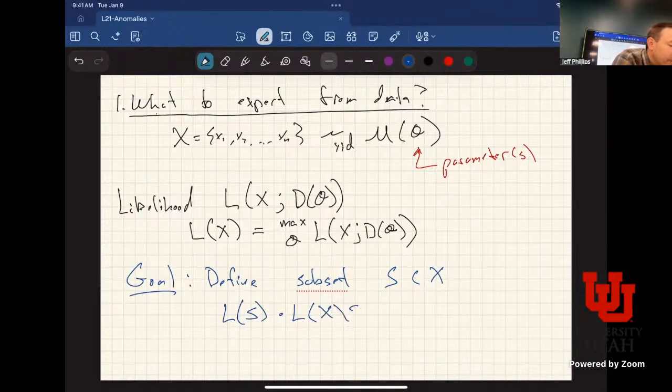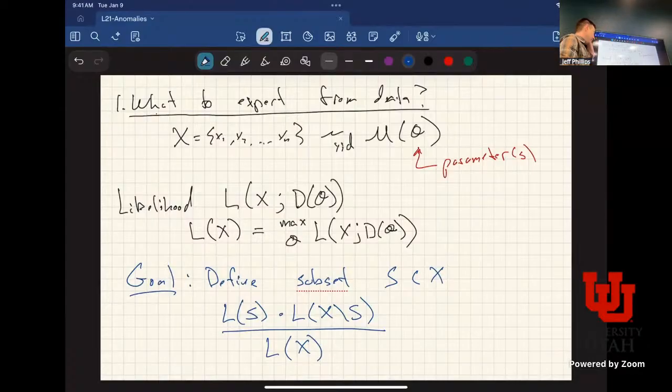times the likelihood of X minus S, and we're going to look at that divided by the likelihood of X. Again, these are the maximum likelihood under the family of models we're going to consider. The idea is if I consider a subset, I can fit a model that represents this data better than if I fit one big model. I can fit a smaller model here, another smaller model on everything outside of my anomalous subset, and look at the ratio over these two likelihoods.